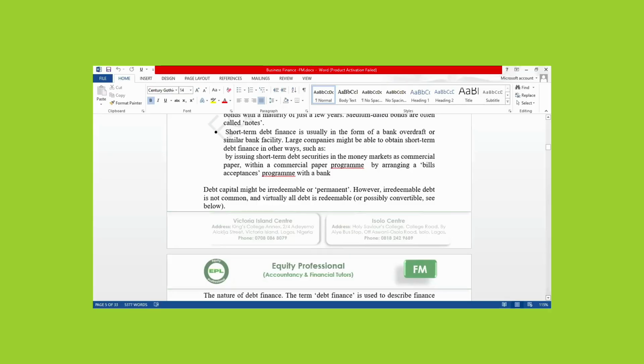You also have irredeemable debt, a debt without a specific repayment period. The principal amount will not be repaid. Only the interest will be repaid annually. We discussed this. And we discussed convertible debt: debt instruments that can be converted into equity shares.